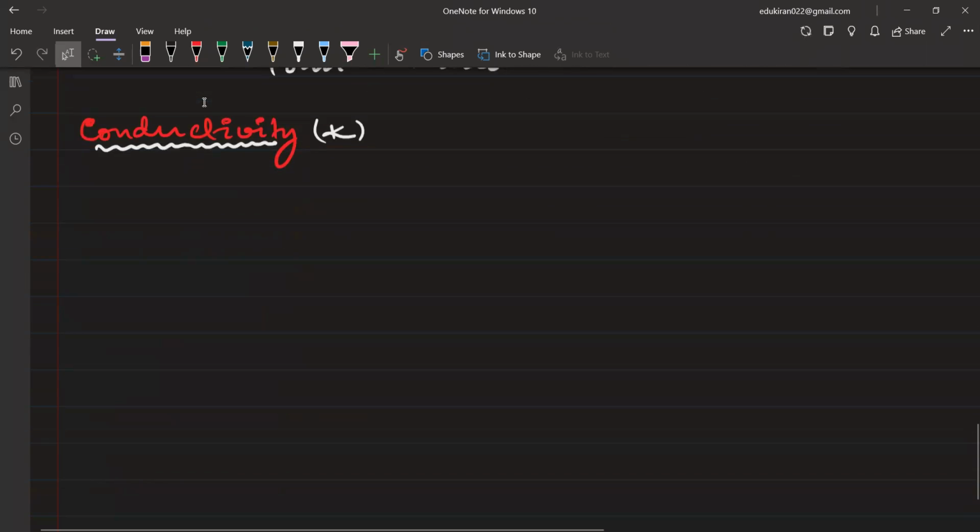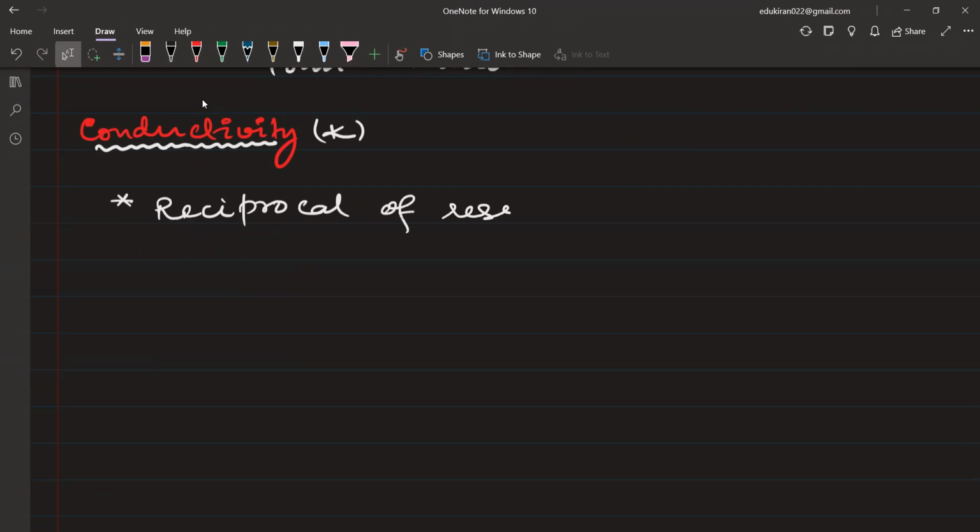Okay, write here conductivity kappa. What is conductivity? It is the reciprocal of resistivity. Kappa is equal to 1 upon rho.